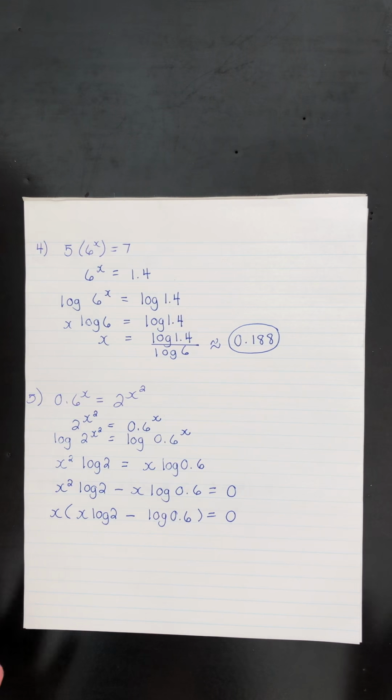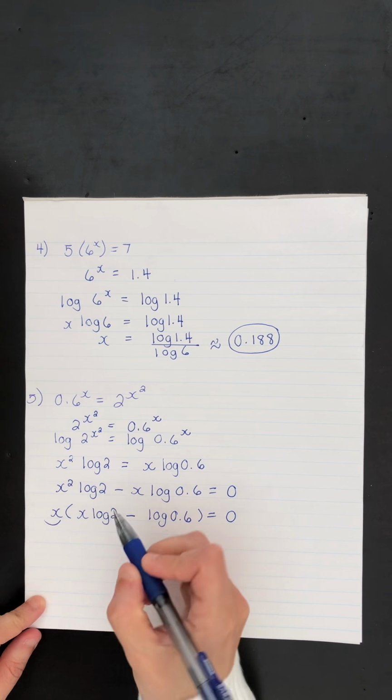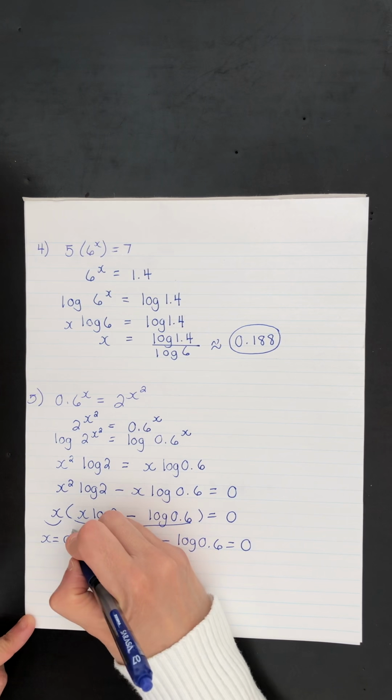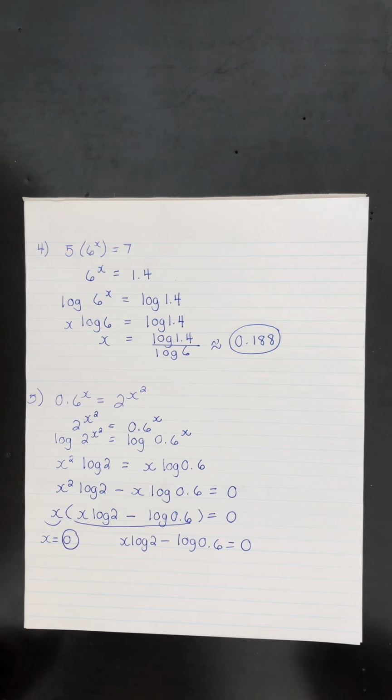Now that it's factored, how do we get our x value answers? We take each factor and set it equal to 0. So x is 0 and x log 2 minus the log of 0.6 is 0. Nothing more to do here, so x equals 0 is one answer.